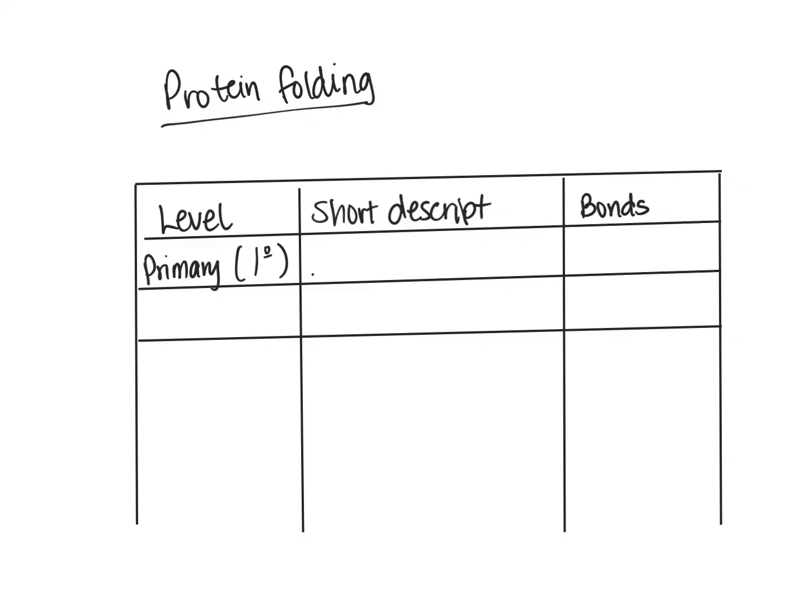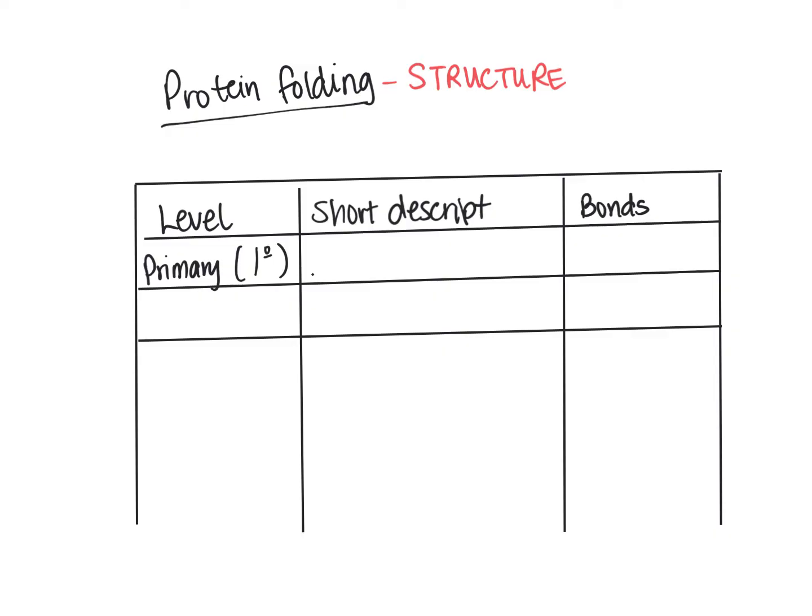Many times you'll see this written as 1, and then with the circle indicating that this is the prime level or the first level of protein folding. We can also think of this as the protein's structure. So the primary level of protein folding is the order in which the amino acids arrange themselves based on the DNA.